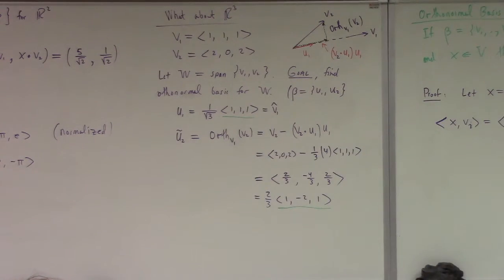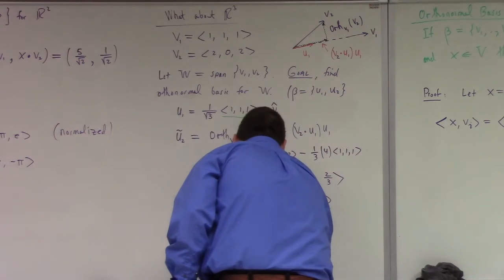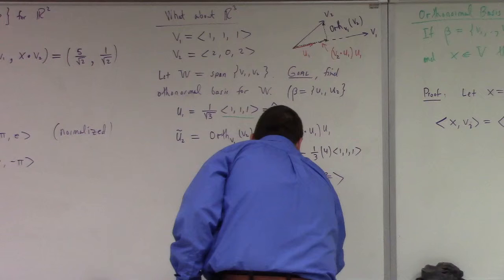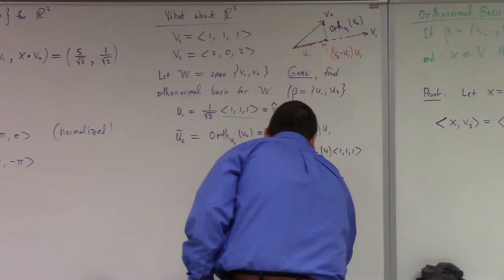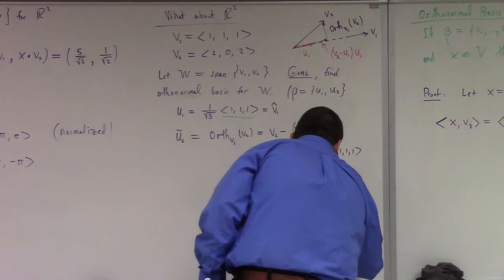Look at the dot product of those two. It's 0. And so we normalize u2 tilde to give us u2, which is 1 over the square root of 6, times (1, -2, 1).